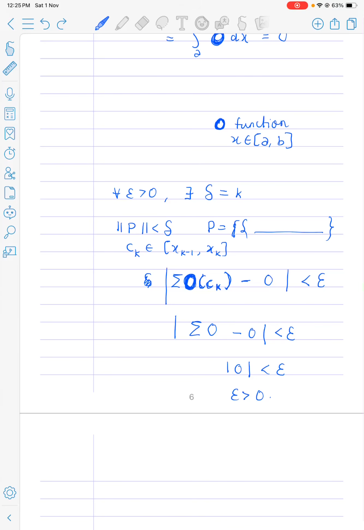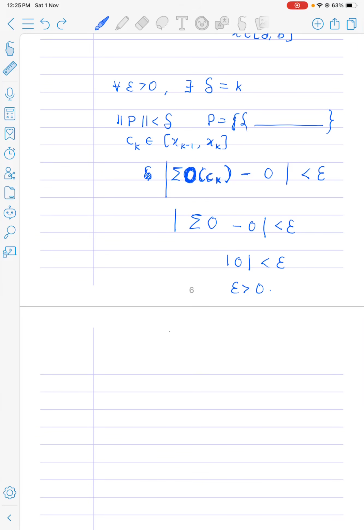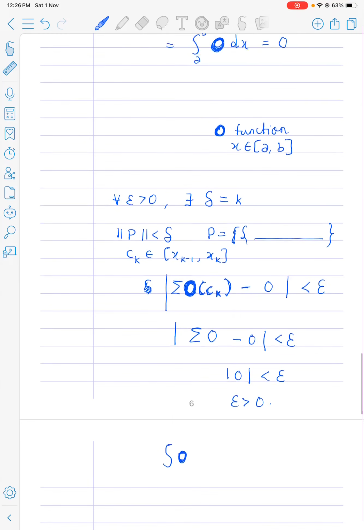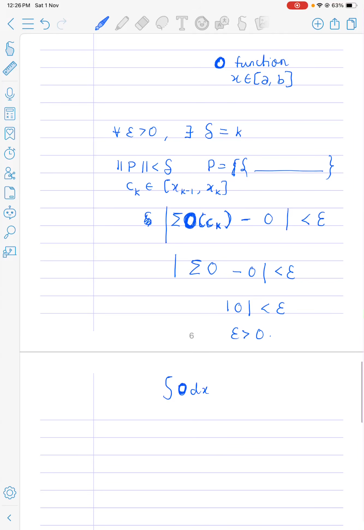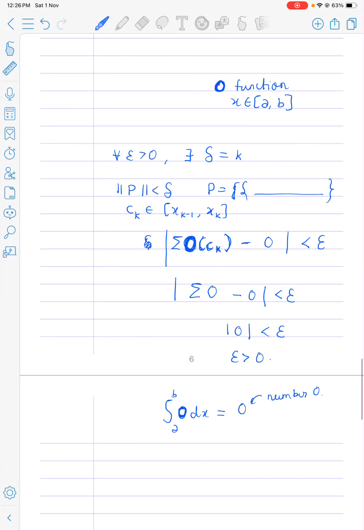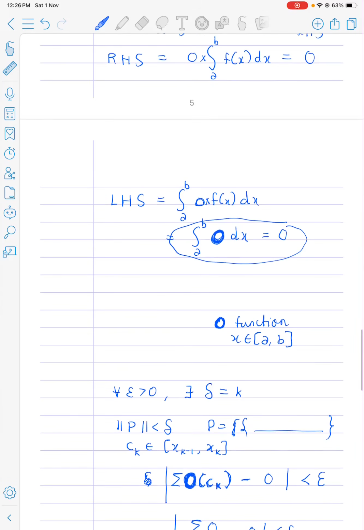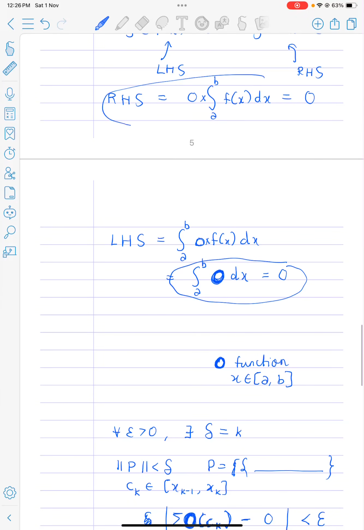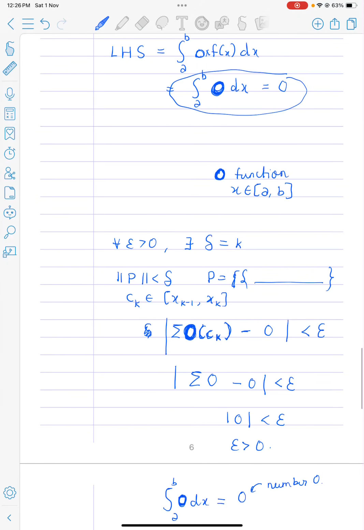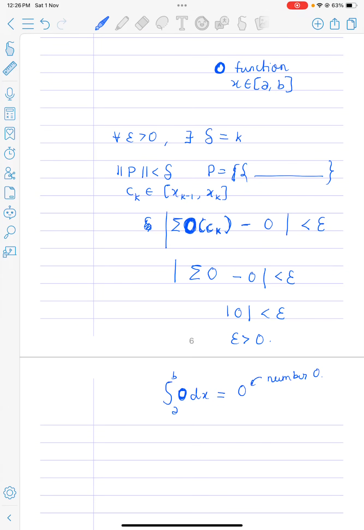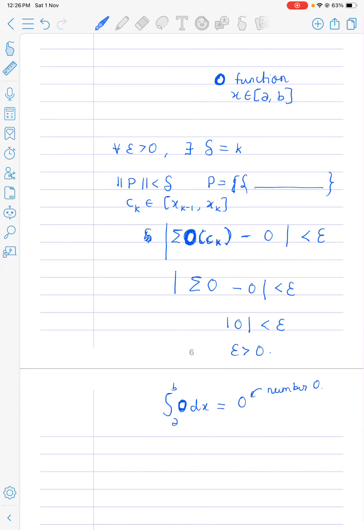So you have proven that integration of this 0 function dx from a to b is equal to the number 0. And that is what we wanted to prove, right? LHS and RHS are equal now. So this concludes question number 1. Thank you.